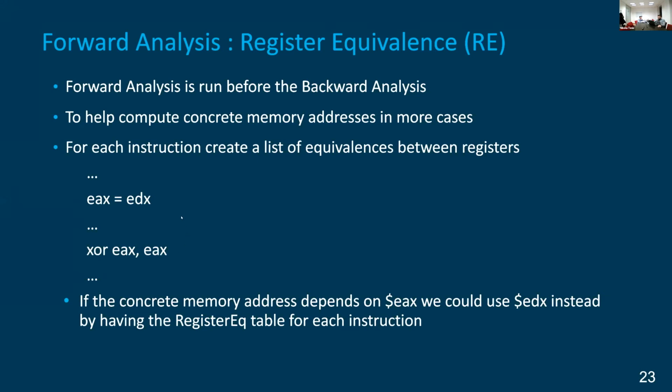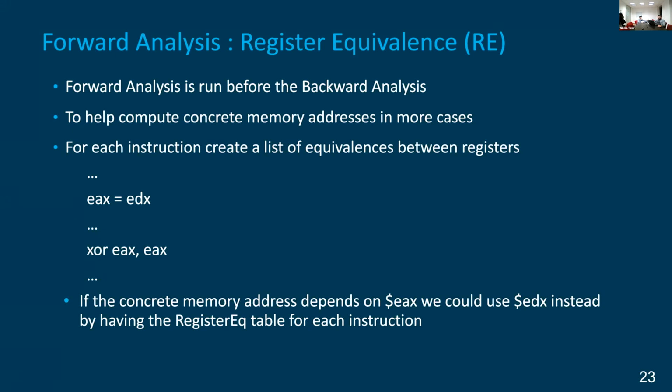By going backward from the XOR instruction, as I've said, we cannot taint concrete memory addresses if they depend on EAX by using concrete reverse execution, because there is no f1 minus 1.